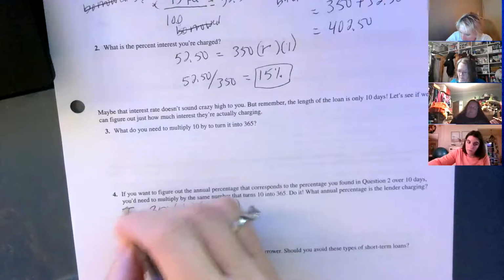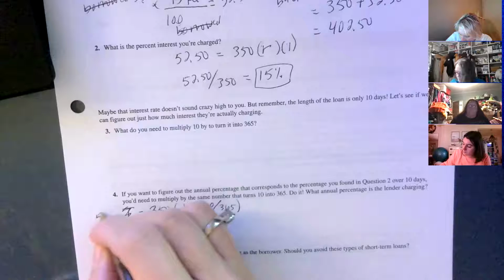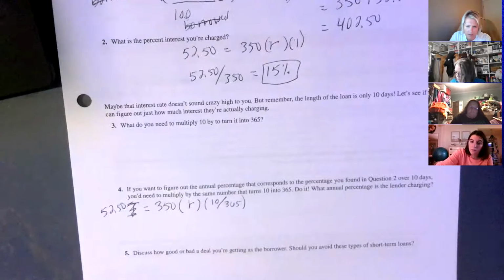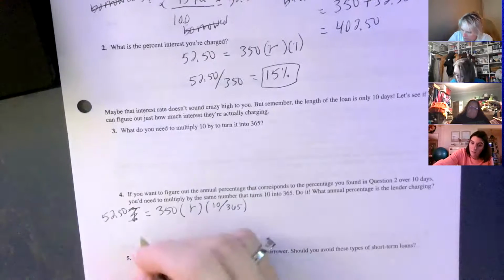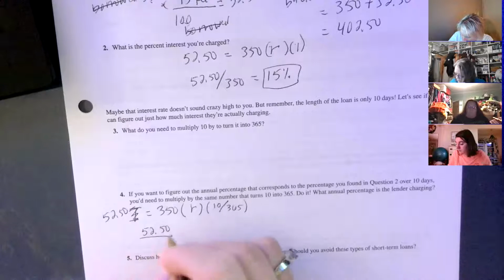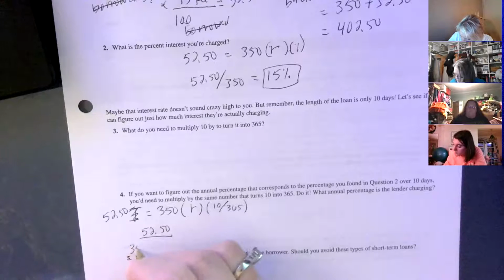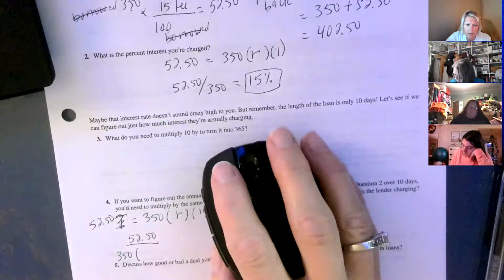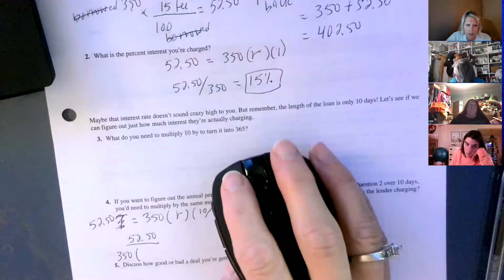Oh, and our interest was 52.50. We know that. So 52.50 divided by 350, and then the 10 divided by 365.